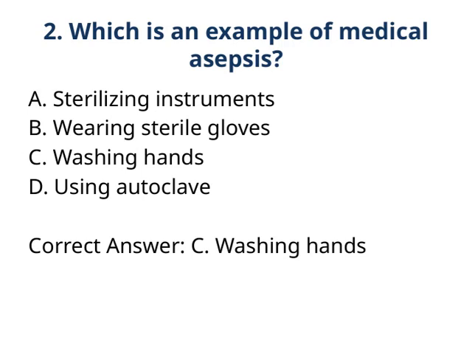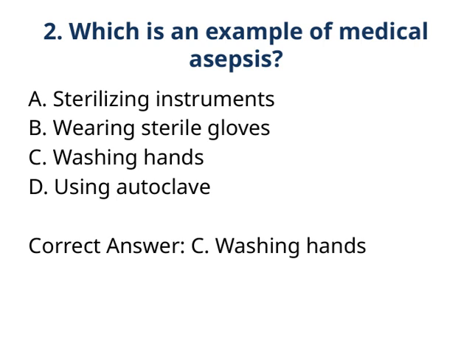When it comes to maintaining a sterile environment, washing hands is one of the most fundamental and effective steps we can take. It's a simple action, but it plays a crucial role in preventing the spread of infections. While sterilizing instruments, wearing sterile gloves, and using autoclaves are all important, they are more about sterilization, completely eliminating all microorganisms.